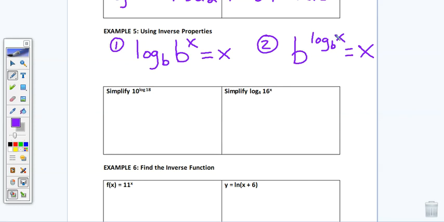So I'm going to highlight some things. If this base is raised to a logarithmic function as a power and matches this right here, this is simply going to equal what?